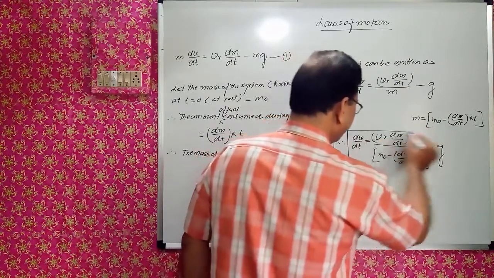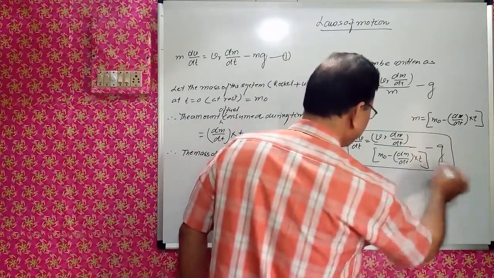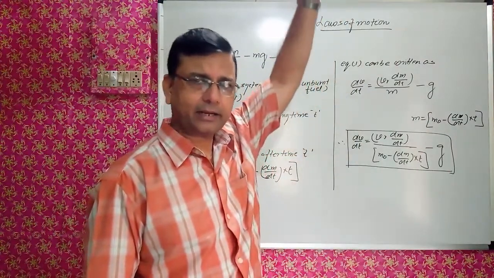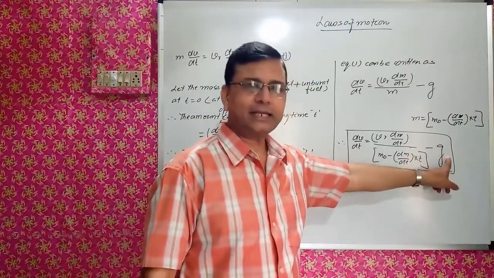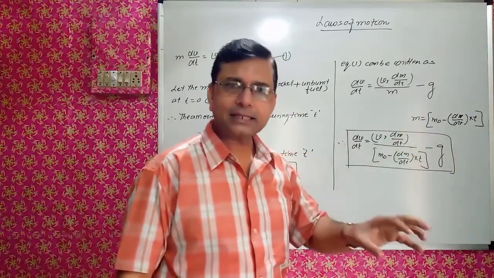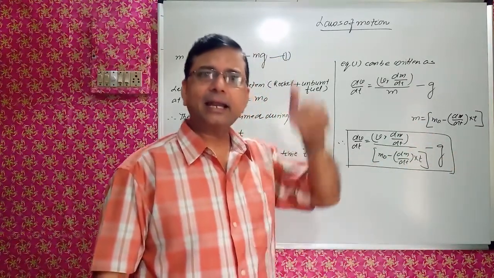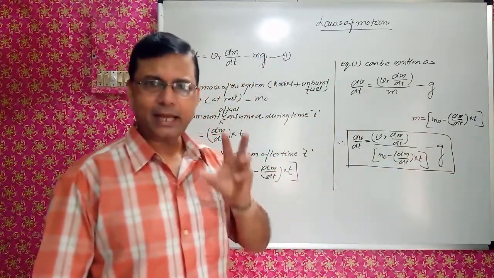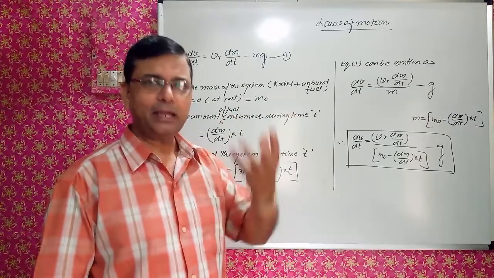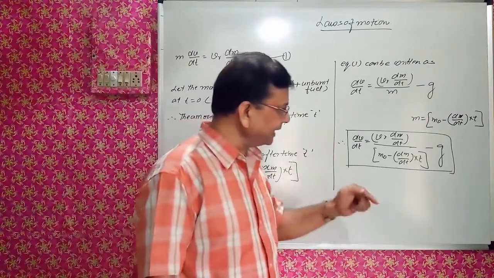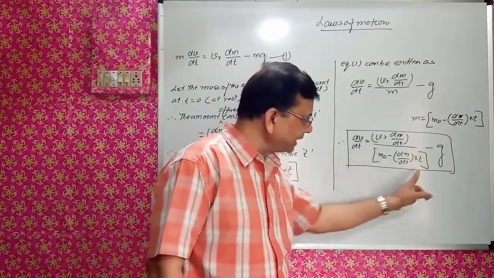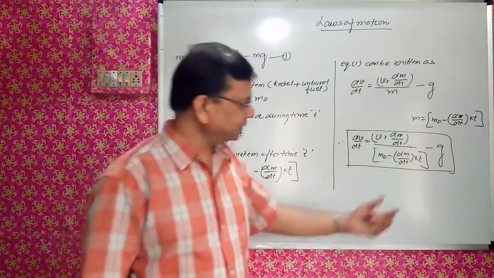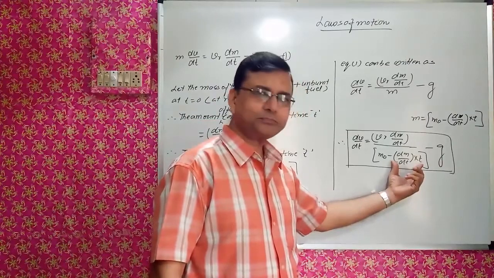This is also a very important relation. Many numerical problems will be solved with it. As the rocket goes up higher and higher, the value of g will be lesser and lesser. At higher altitude, g is reduced, that is, the gravitational pull by the earth is reduced. Simultaneously, this denominator will also be reduced, because this quantity will increase.